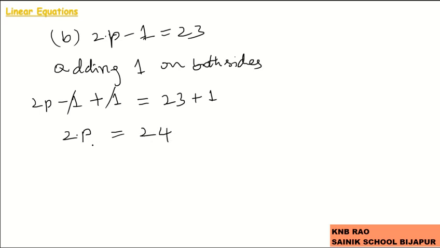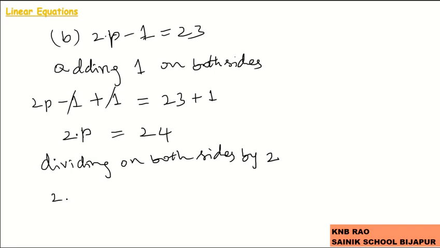Now, students, apart from this variable I have a 2, this constant which is multiplying this variable p. To remove this 2 which is multiplying, we need to do division. So, dividing on both sides by 2 gives us the next step as 2p upon 2 equals 24 upon 2.